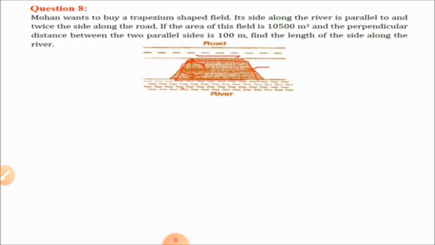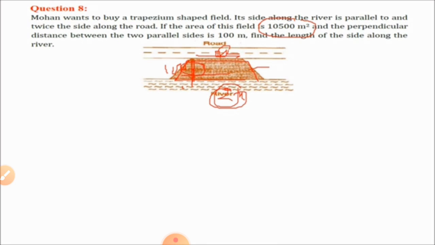Yes, very good, my dear student. Road and river are shown and their measurements are also given, but these are unknown. Let the side along the road be x, so the side along the river is 2x, double. And the height is 100. Now you have the same formula for trapezium.